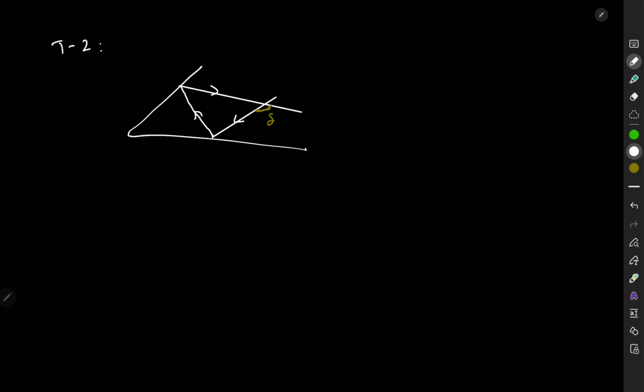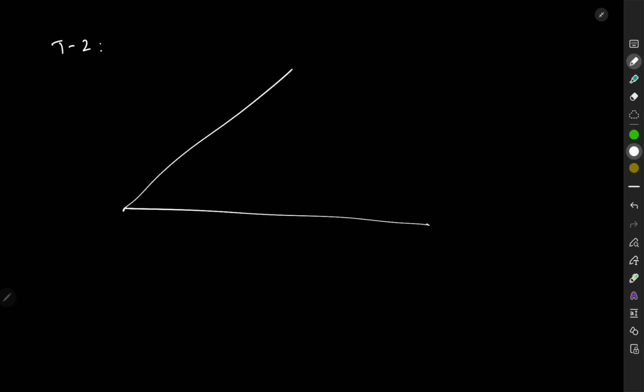Now I can call this alpha, and then this also will be alpha by the first law, and if I call this beta, this will also be beta. Let me make it clear, right? Two mirrors, I'm going to put an incident ray here, it goes here and it goes here, and we need to find the angle of deviation, fine. This is the path, this is alpha, this is beta.